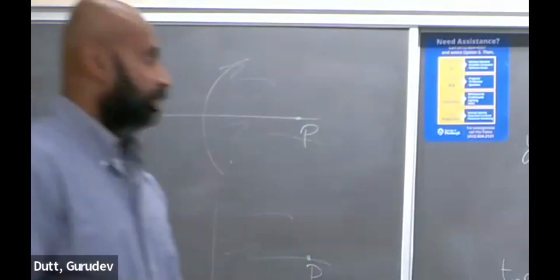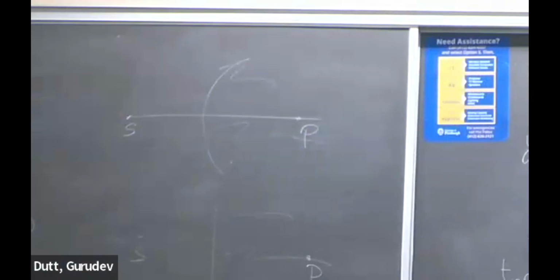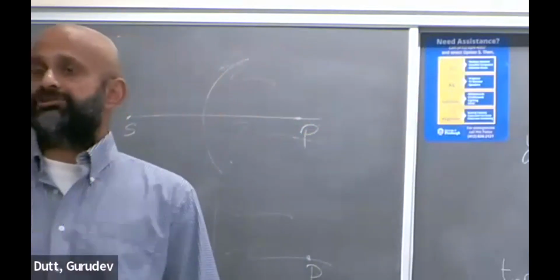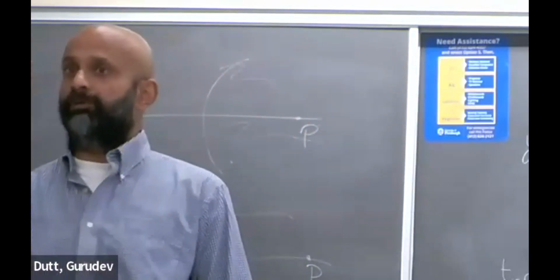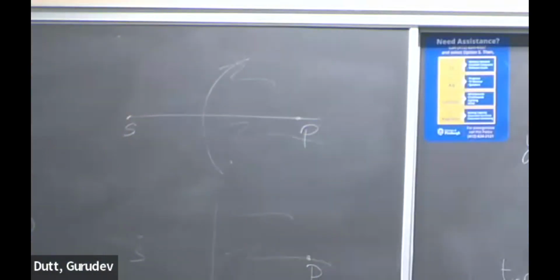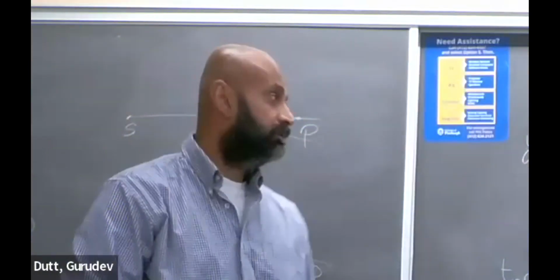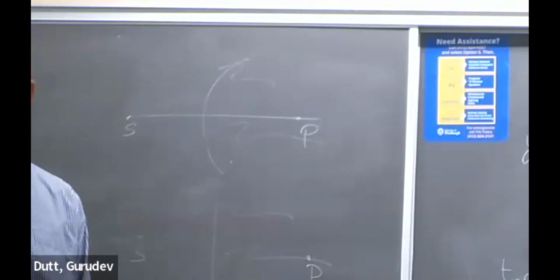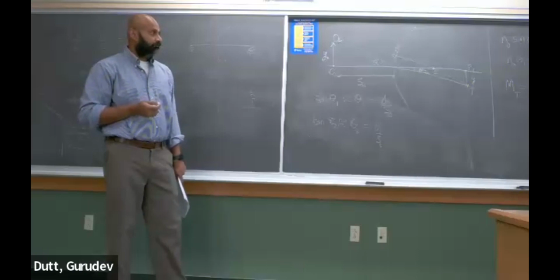So this angle is always 90 degrees, which means the incidence angle according to Snell's law would be zero, because it's normal to the surface. Of course, for a spherical surface, what I really mean is it's normal to the tangent to that. Good question. Thank you.